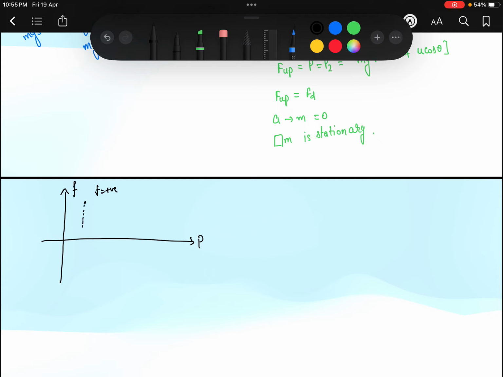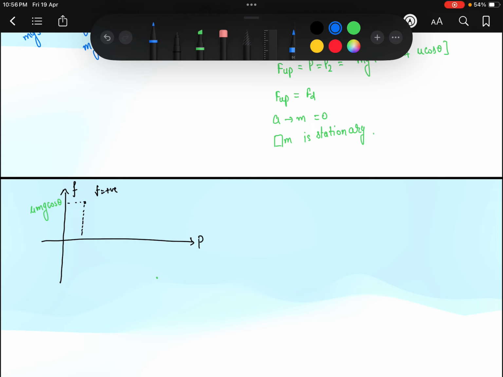That will be the maximum value of this F, that is mu mg cos theta. Okay, but when the value of this P is like P2, that is equal to mg into sin theta plus mu cos theta, then friction force will be acting in downward direction, that means negative.